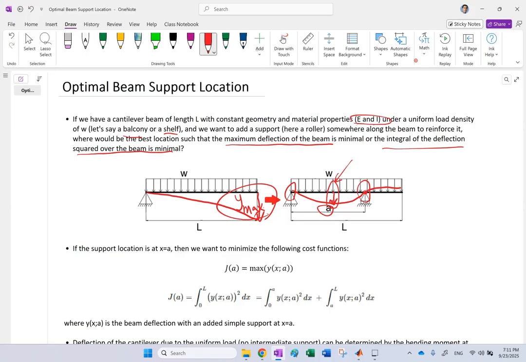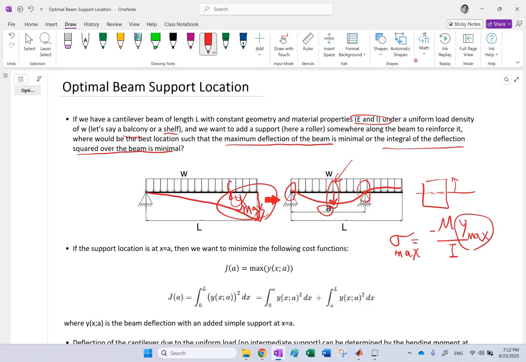Now, again, the stress, if you remember, sigma equals negative My over I. So sigma max is at y max, and this y max is different from the deflection Y, because in some solid mechanics books, this deflection is called delta. So y max here depends on the cross section and the distance from the top or the bottom of the beam to the neutral axis.